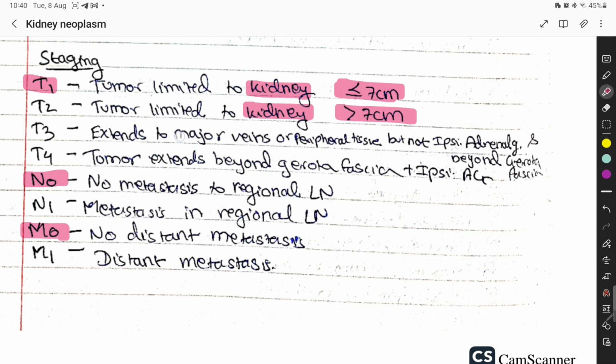If the tumor extends to major veins or peripheral tissue but not into the ipsilateral adrenal gland or beyond Gerota's fascia, the fascia surrounding the adrenal gland, then it is T3. If it is T4, the tumor extends beyond Gerota's fascia and into the ipsilateral adrenal gland.